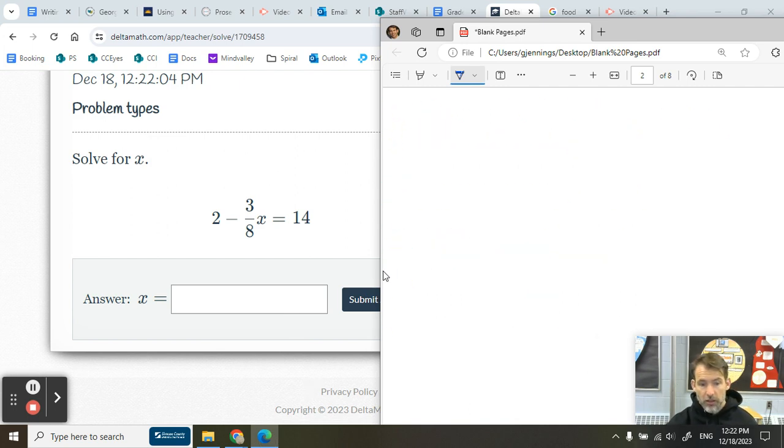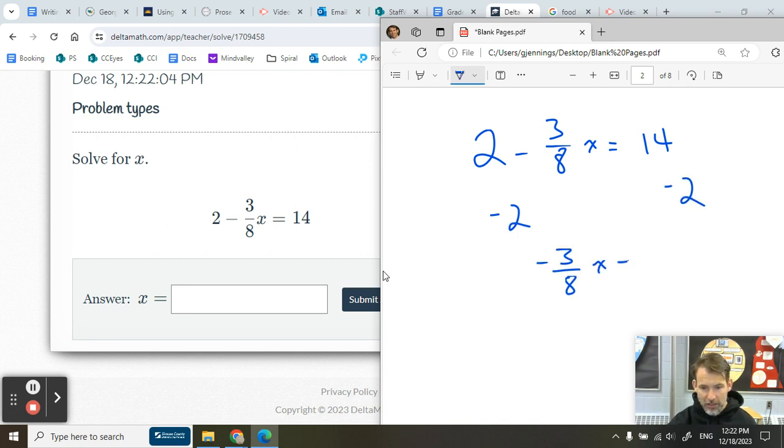Okay, so here. Copy it out. 2 minus 3 over 8x equals 14. First thing I'm going to do is subtract 2 from both sides. Okay, so that I get negative 3 over 8x is equal to 12. Now I get out my inverse operations pen because this one's properly tricky, and I multiply both sides by negative 8 over 3.